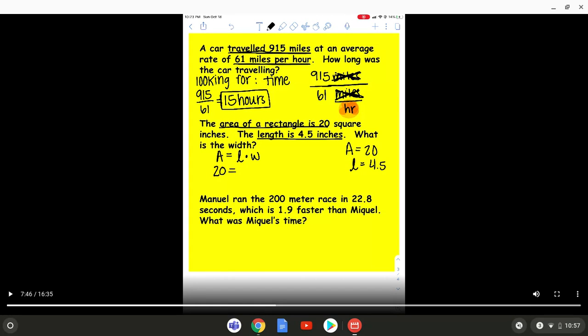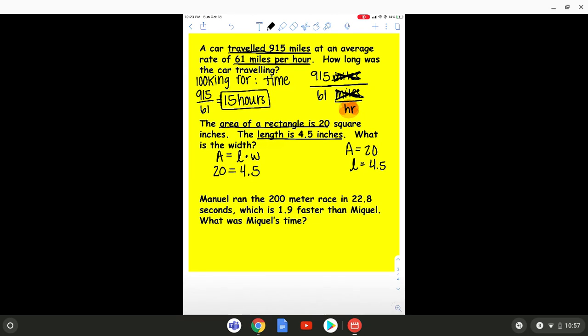So I'm going to go ahead and plug those numbers in, and I end up getting 20 is equal to 4.5 times W, and then I can solve that as a one-step equation. So I divide on both sides, and I'm going to get 4.4 repeating inches is equal to my width.